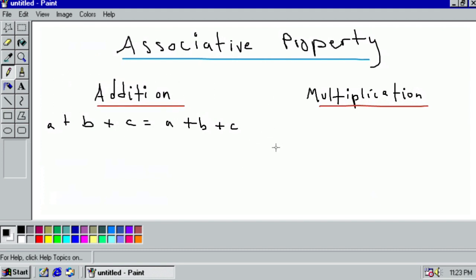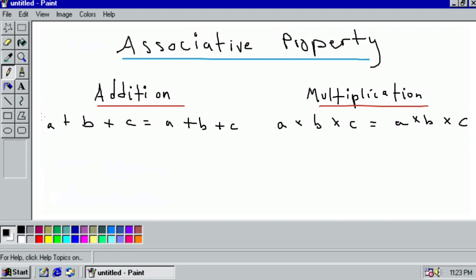Let's have the multiplication also. Let's have a times b times c, and a times b times c. Now this property states that the grouping of the addends or factors does not affect the result. So we need to group them.